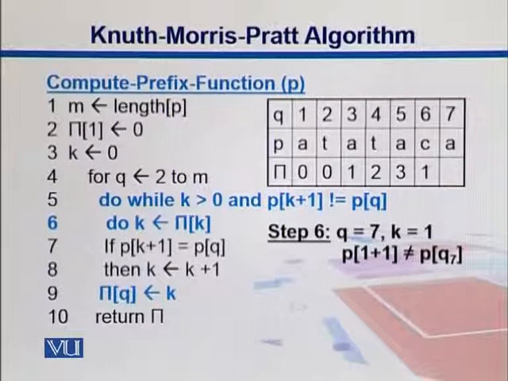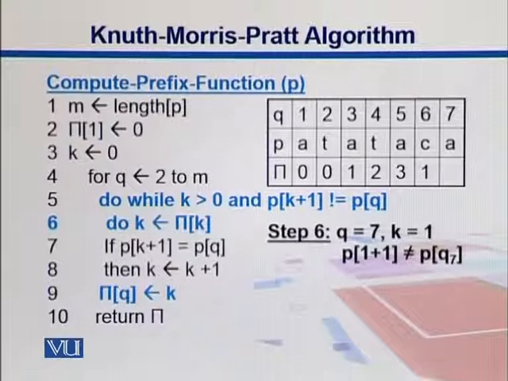So step 6, now our Q increments to 7. K in the previous example was 1. So now we are comparing the second element here, P of 1 plus 1, which in the algorithm was K plus 1. Was that equal or not equal? So P at position number 2, which was T, is it equal to this value at position number 7, that is A?